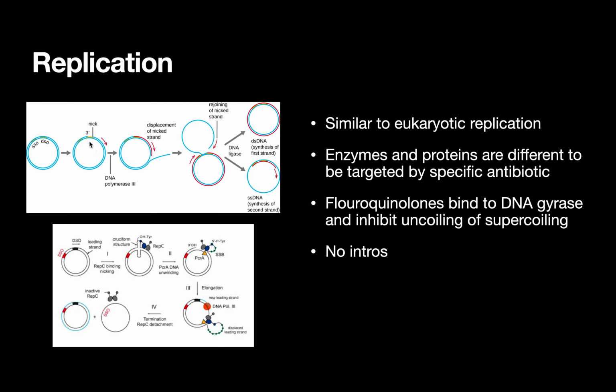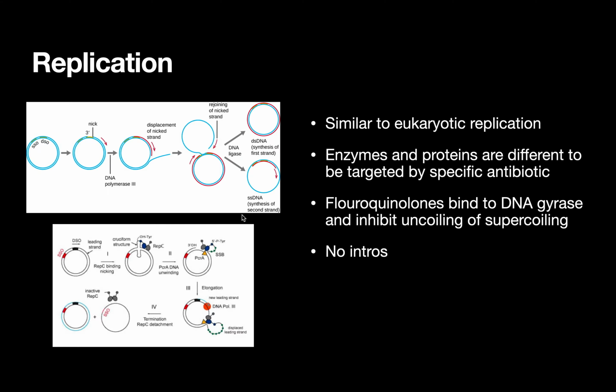So there's usually a single-stranded nick. There's a displacement of the nicked strand, and then it's going to be rejoined here, and then the nicked strand is going to be used as a template to make the DNA of the new daughter bacteria.